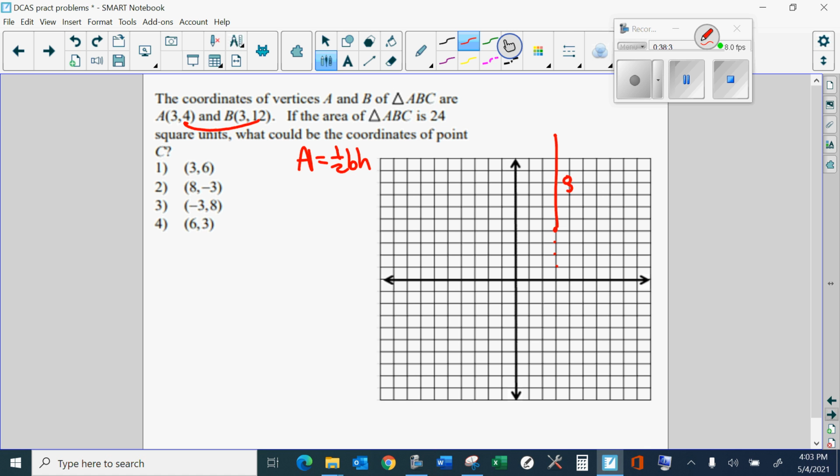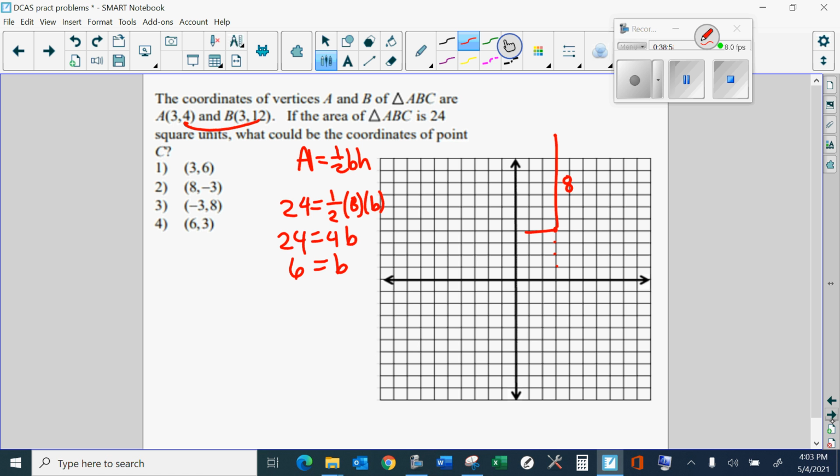That distance is 8. Now that's my height. So 1/2 times 8 times the base has to equal 24. Half of 8 is 4, times the base, has to equal 24.